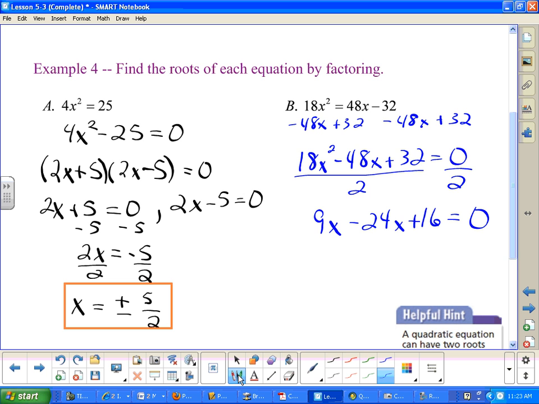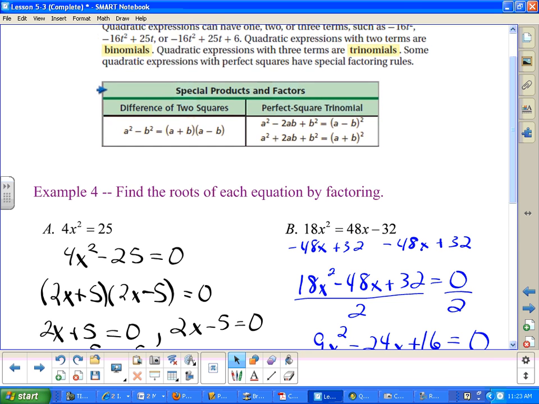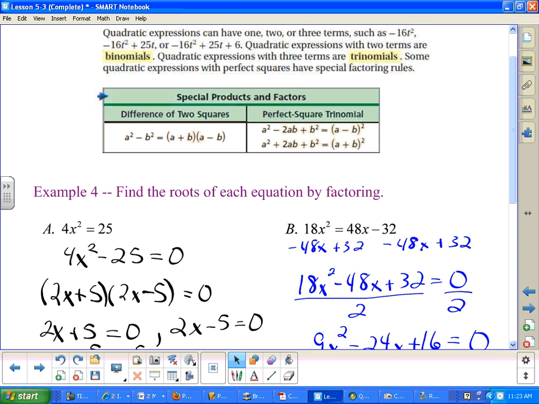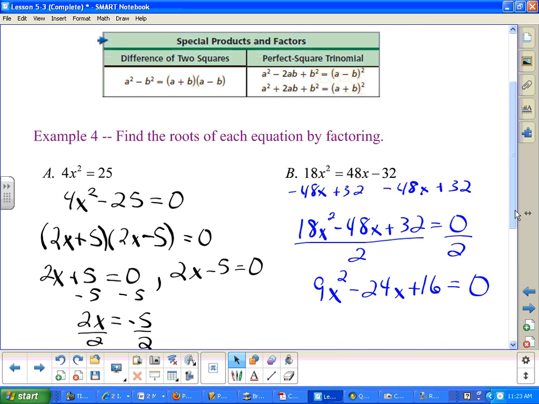So we just got done talking about, or showing you, up here the special products and factors. So we had the difference of 2 squares and perfect square trinomials. Well, if I look at this problem here now, I have a square for my first term, 9x squared, and a square for my last term, 16.